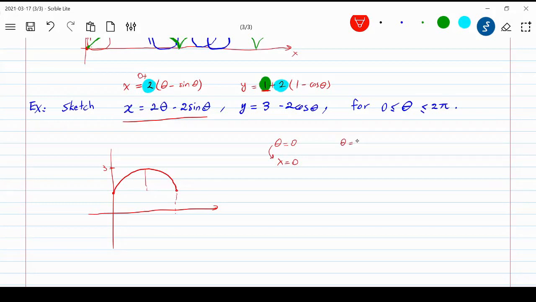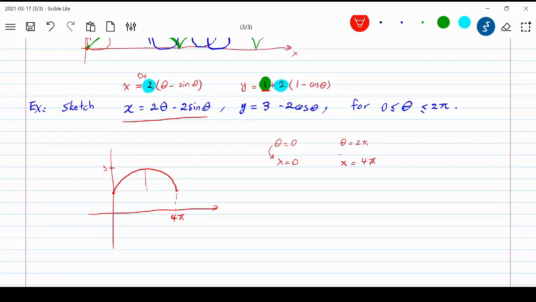And if you replace theta with 2 pi at the final time, what you get is 2 times 2 pi, which is 4 pi, minus 2 sine of 2 pi, and sine of 2 pi is still 0. So you'll get 4 pi. This last point here is 4 pi. It's basically the circumference of a circle. You go through the whole circle by rotation.